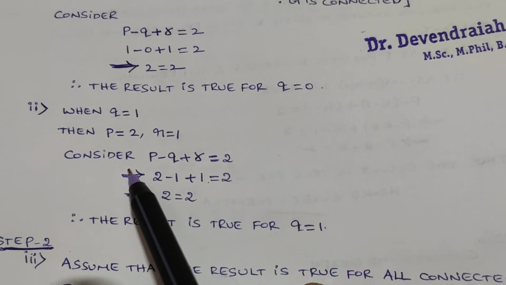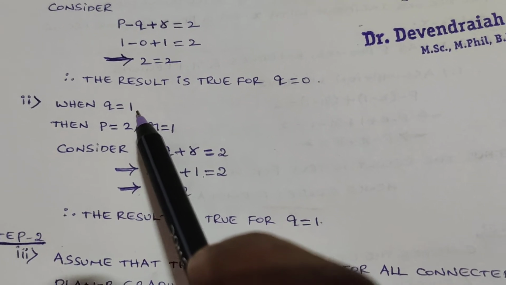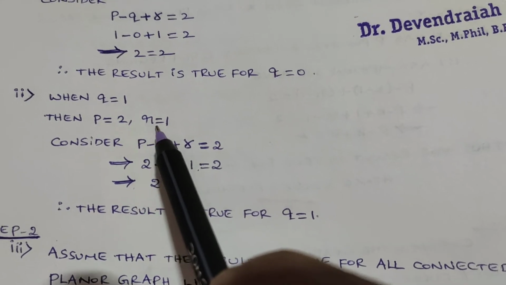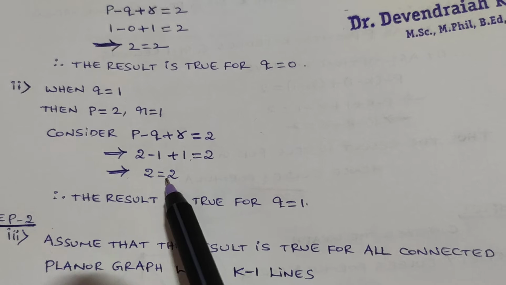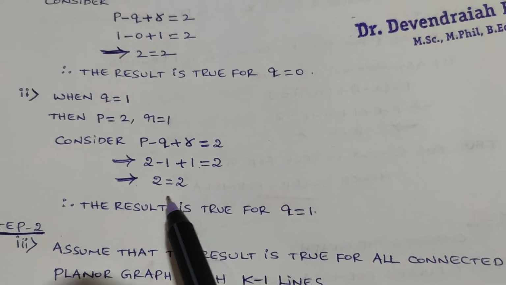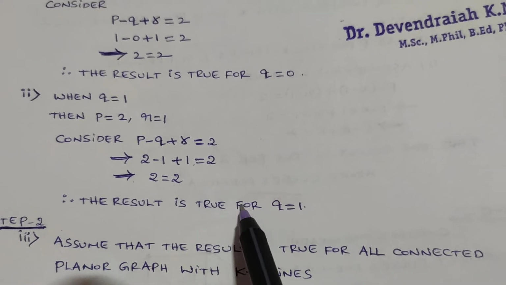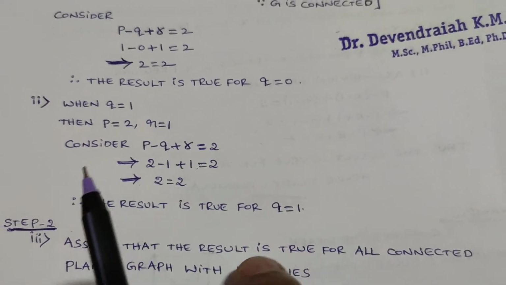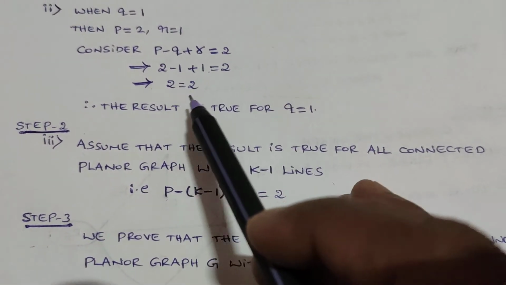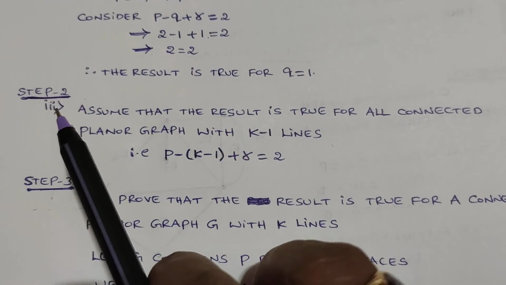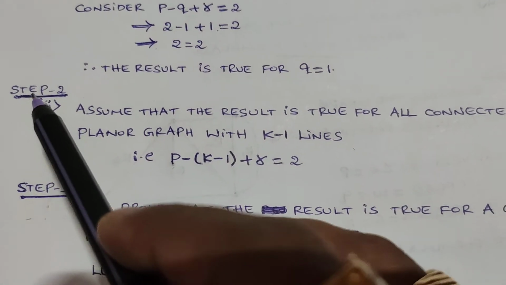So we substitute Q as 1, P as 2, R as 1. Once again 2 equals 2. Therefore the result is true for Q equals 1. This is the point we need to remember in the first step of proving Euler's formula.